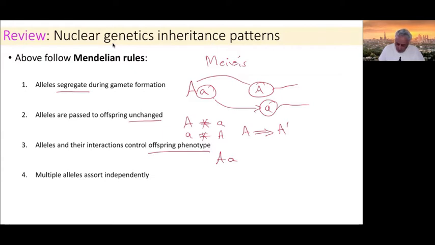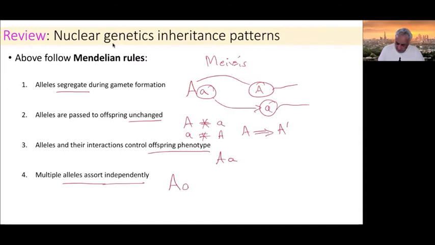And then lastly, we go back to Mendel with independent assortment. According to him, when you have two or more genes, each gene has no impact on the migration of the other gene into the gametes. So let's put that in a way that we can recognize.